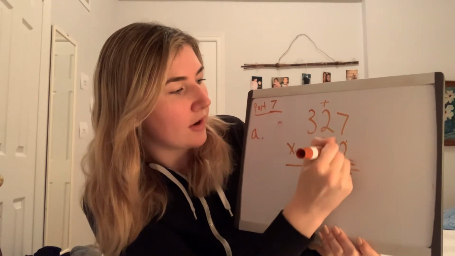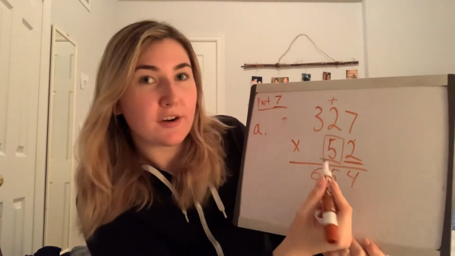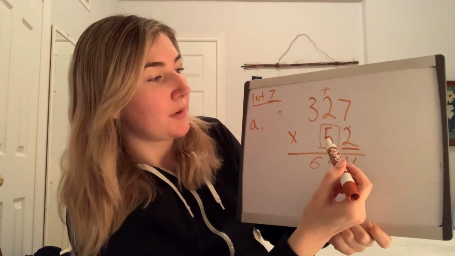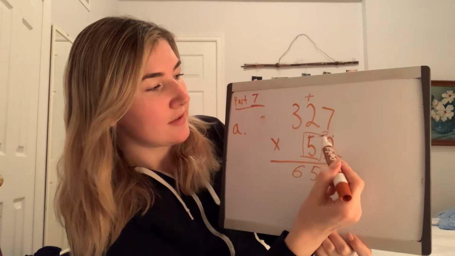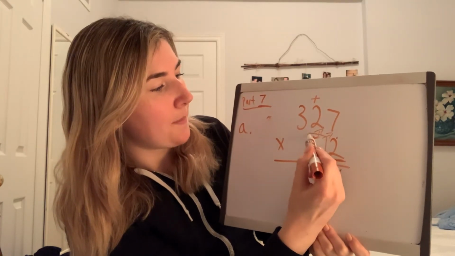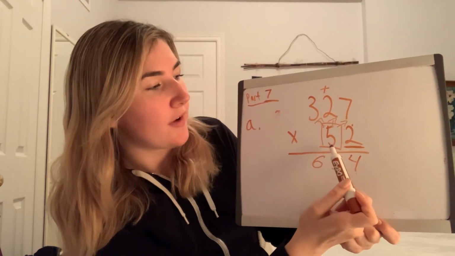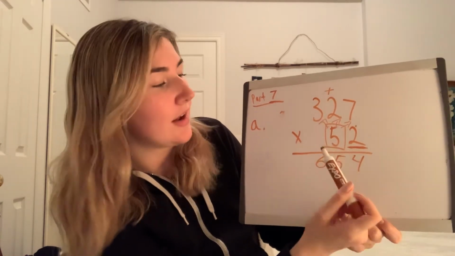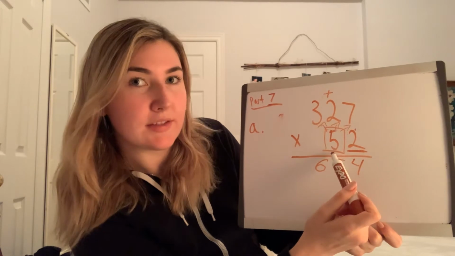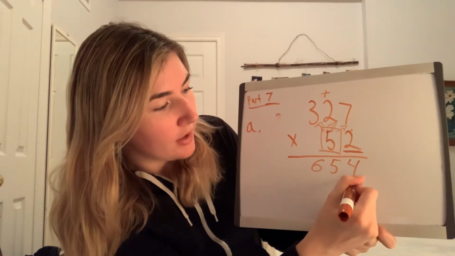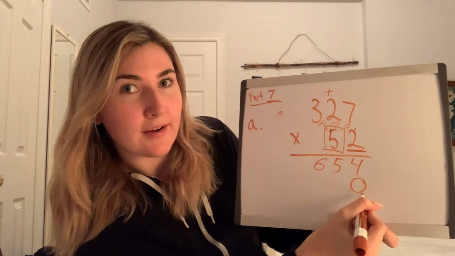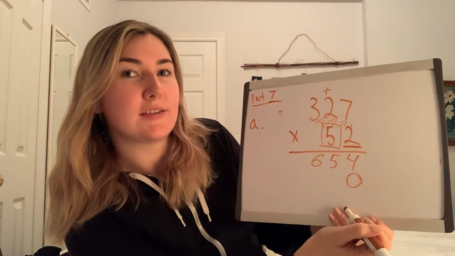Now we're looking at our 5, but it's not a 5, it's our 50. So we're going to multiply that by 7, by 2, and by 3. Now again, we always have to remember that it's not a 5, it's a 50. So to recognize that it's in the tens place value, we need to drop and write our 0 right there. And then we can begin to solve.